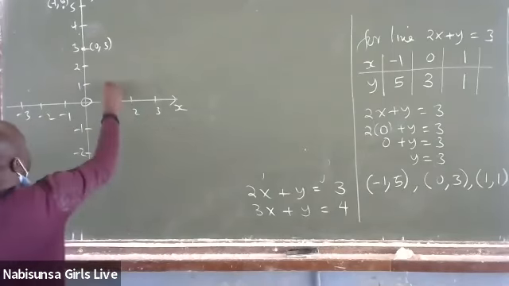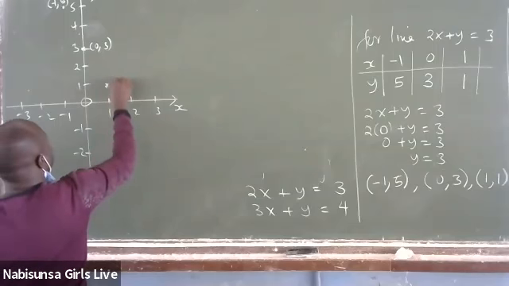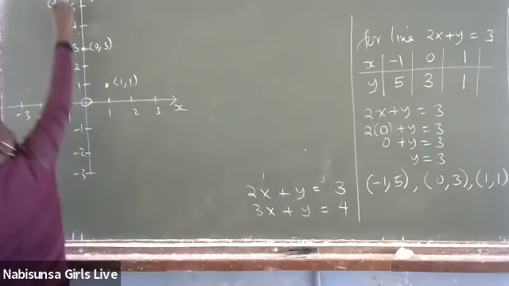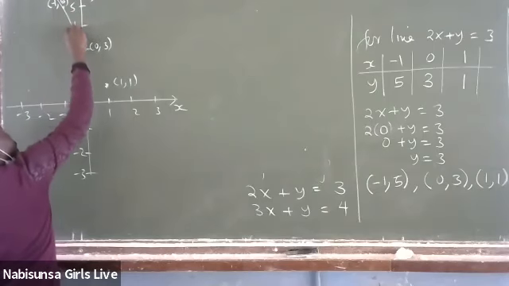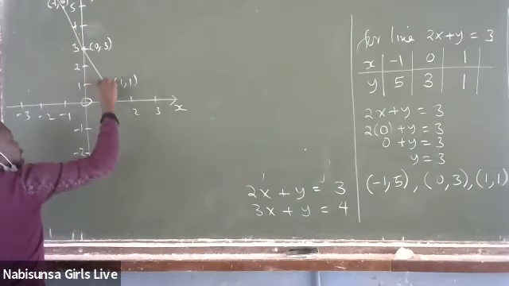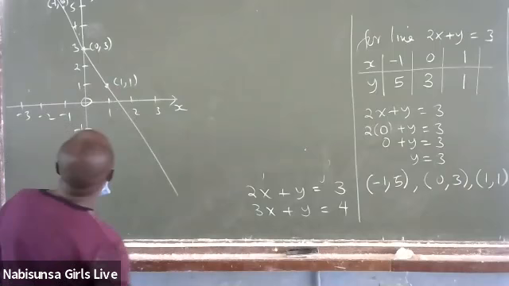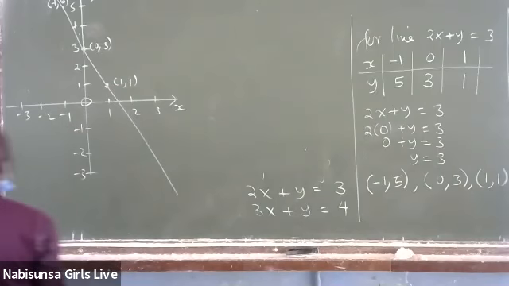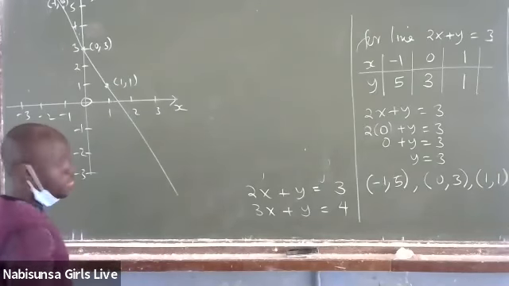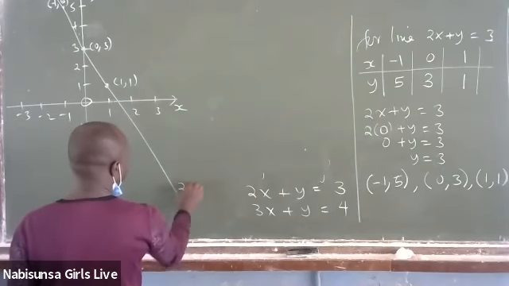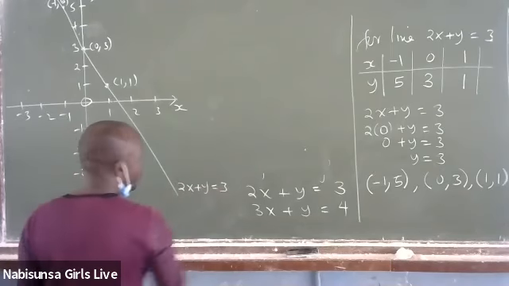And the 1, 1 will be here. So this is 2x plus y is 3.